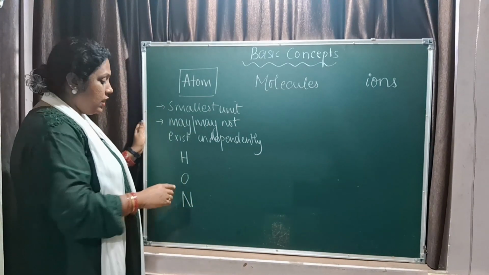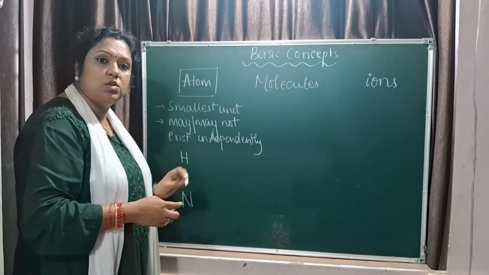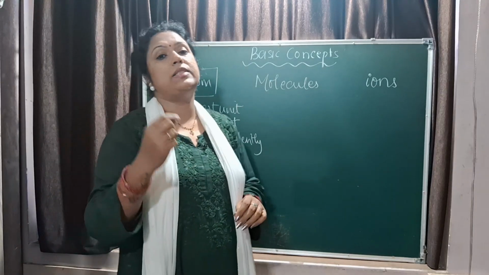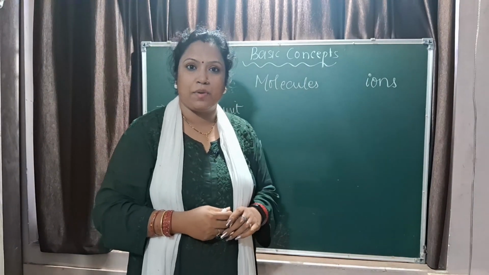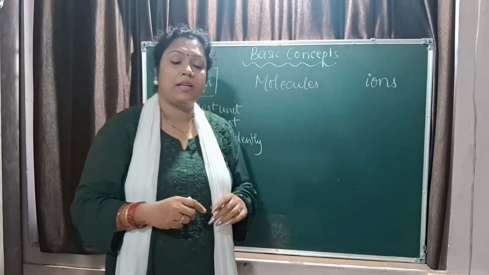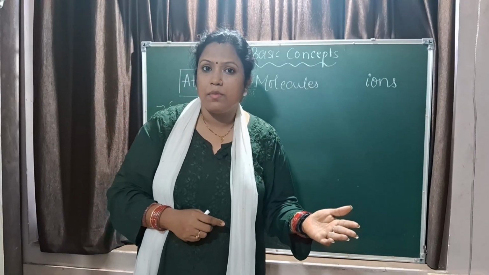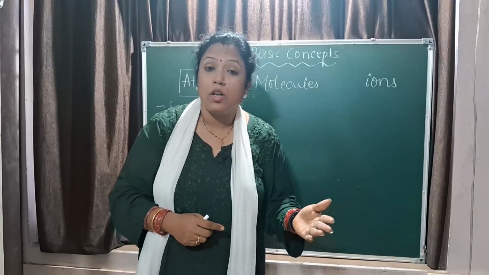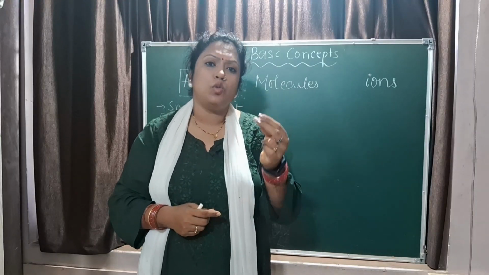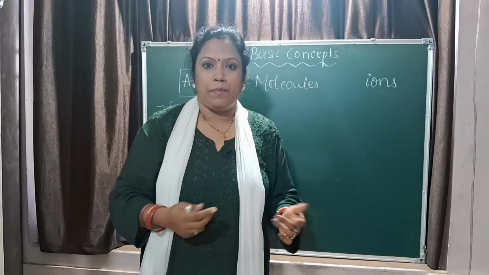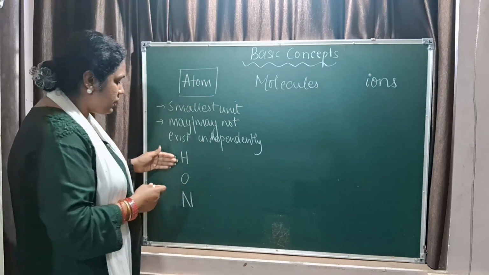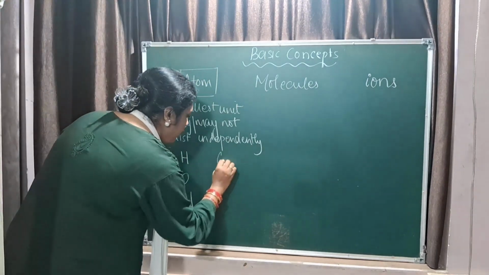nitrogen, correct? These alphabets which are used to write the atoms are basically the symbols of the element. Symbols of the element can be the first letter of the English name of the element or the Latin name of the element, or it can be the first two letters of the name. For example, if I have H, O, N, I also have Cu.